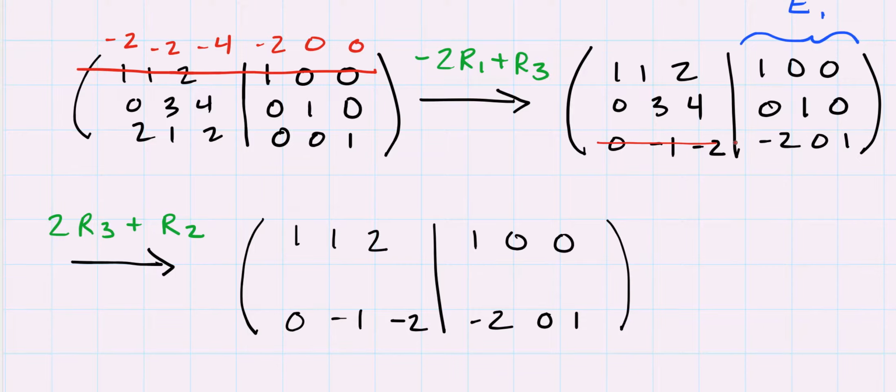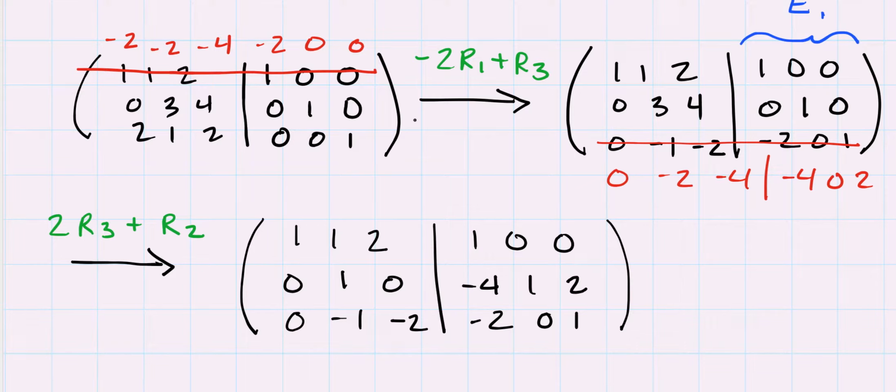So I'm going to cross out this row, multiply it by 2, add it to this row, so I get 0, 1, 0, -4, 1, 2. Now look at this matrix.